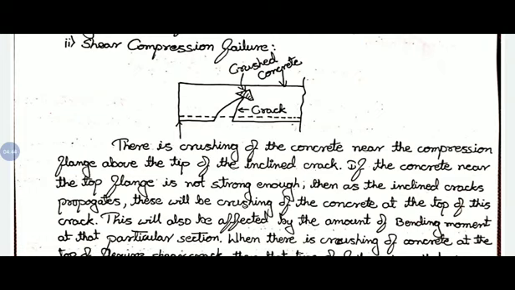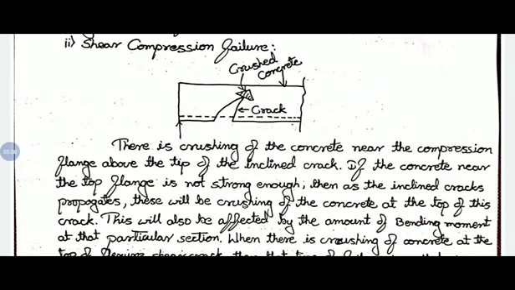Obviously when deflection occurs, the top portion will be under compression and bottom will be under tension. In that compression zone the concrete gets crushed at the end of the cracks developed from the bottom. That may be in between the top flange and web.